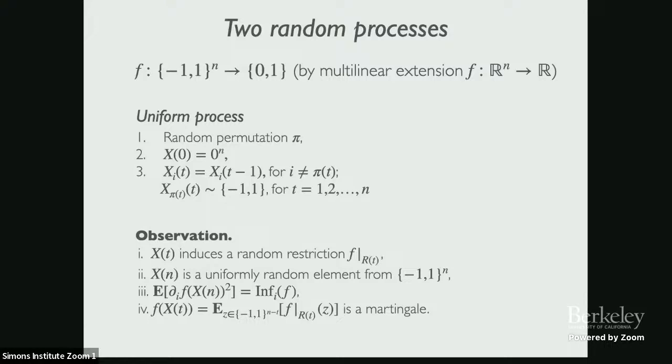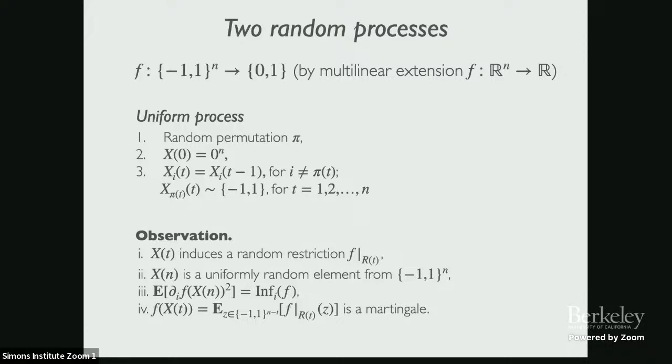It's just the partial derivative at the endpoint squared. This is because the individual influence of the variable xi is the probability you flip your function by flipping this variable. And the partial derivative of the function with respect to variable i is also flipping this variable, because it's a multilinear function. So you flip this variable and see if it changes or not.